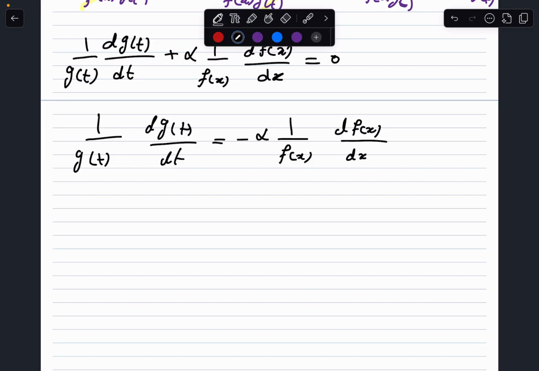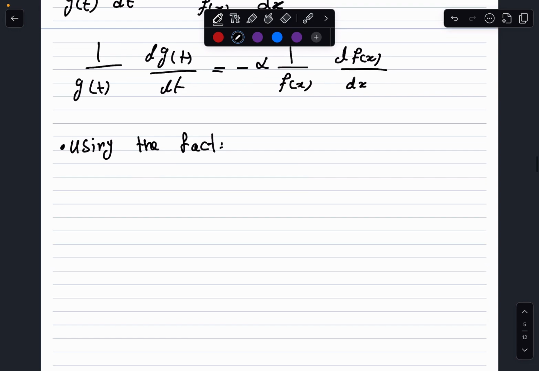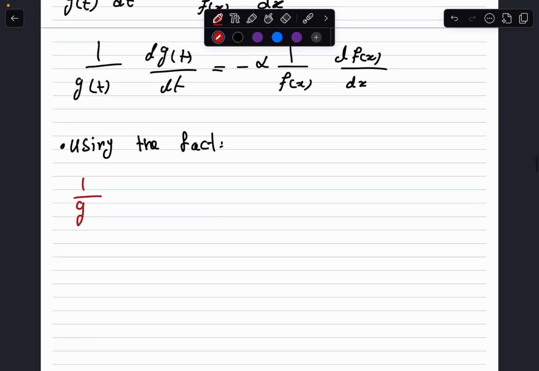So using the fact, we will get that 1 over g dg over dt is equal to some constant, which is equal to minus alpha times 1 over f df over dx.